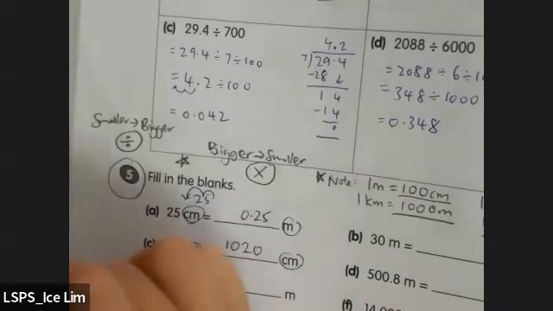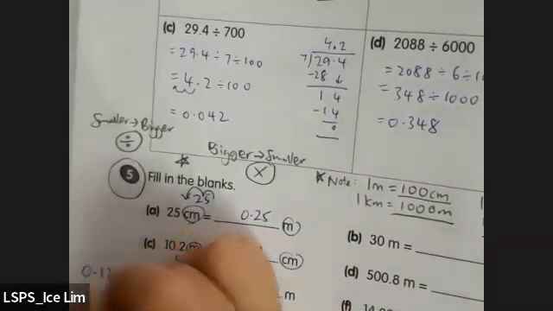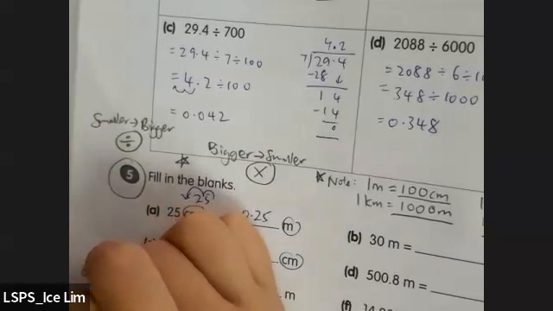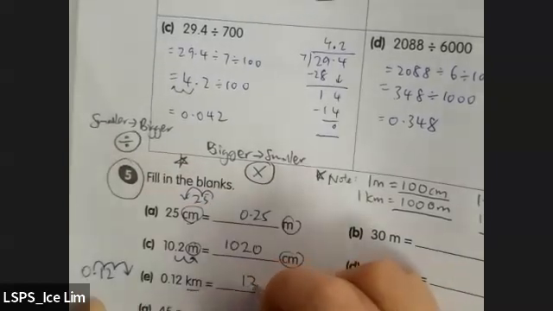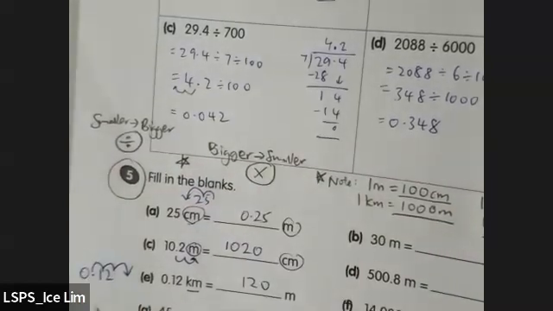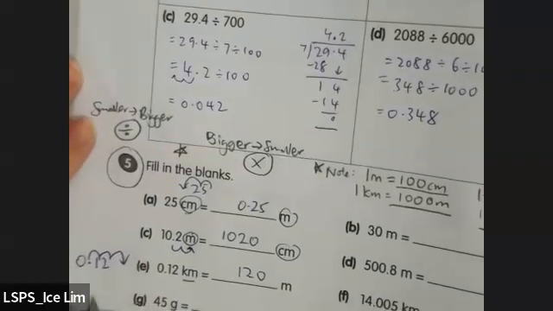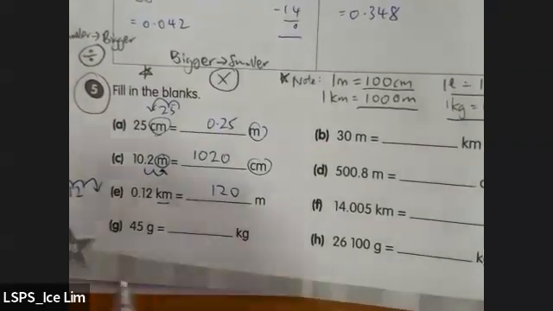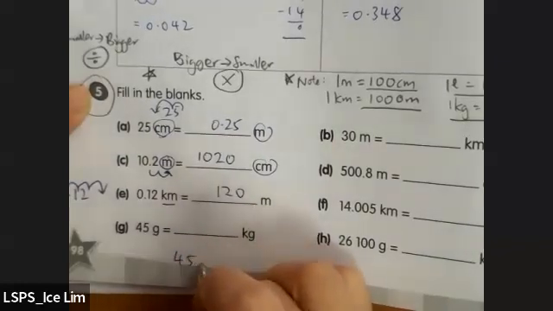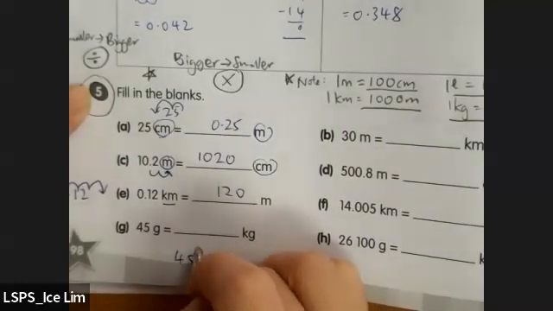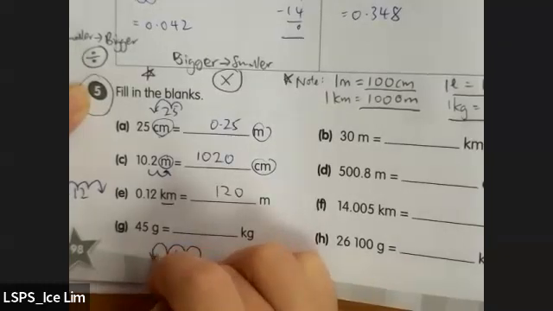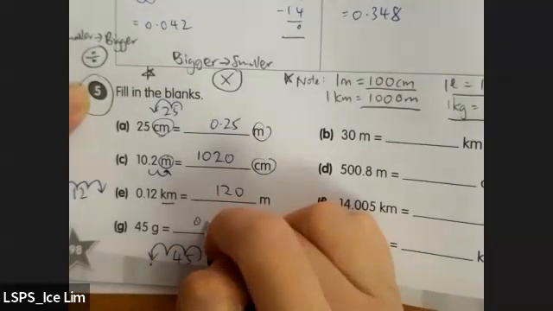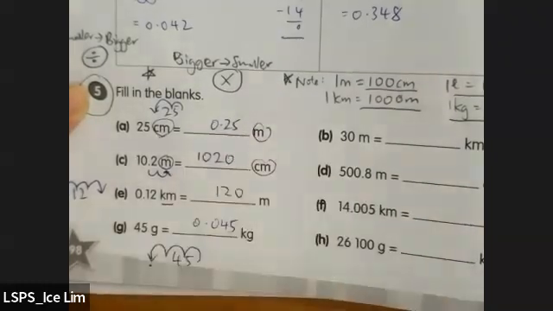From bigger unit to smaller unit, times. 120 meter. From 45 grams, smaller unit to bigger unit, divide. 0.045 kilograms.